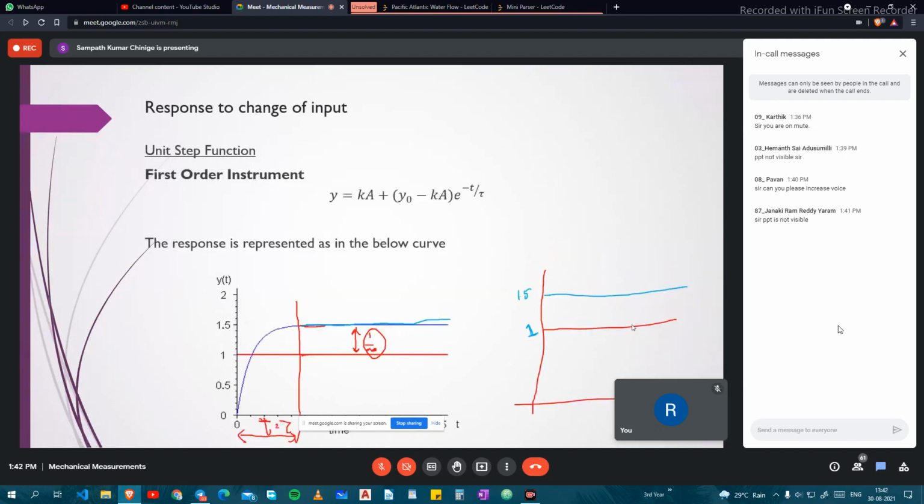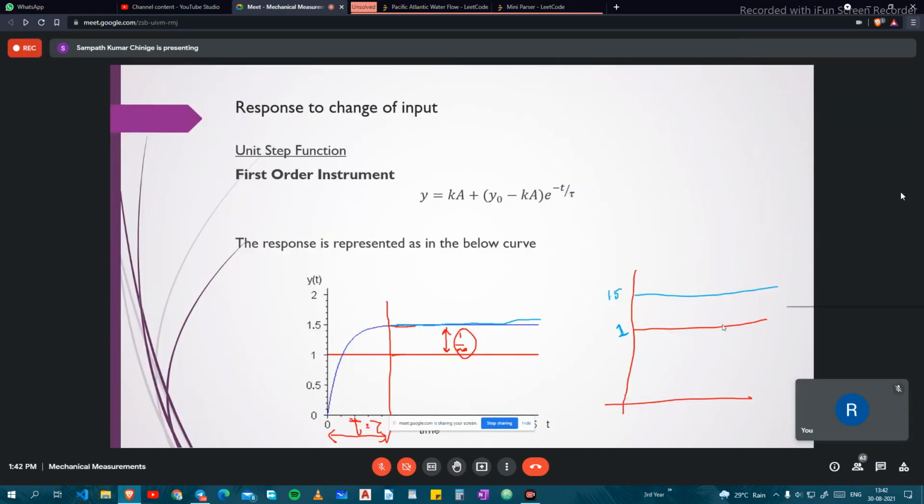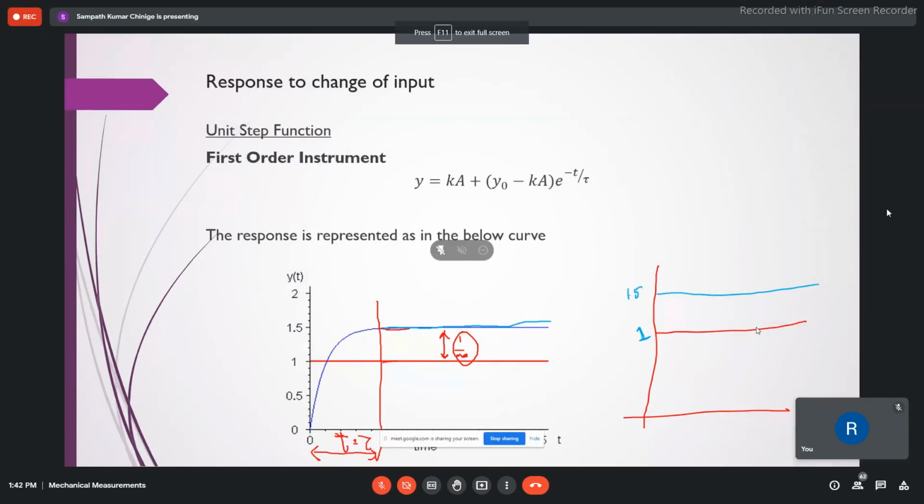So what we have understood in a nutshell is, even if we give a step input function to a first order system, it generally has some time lag to reproduce the input as output. It takes some time to reproduce the actual input, and it depends on the time constant tau. We came across some new terms from the solution. There is a steady state term and an unsteady state term.